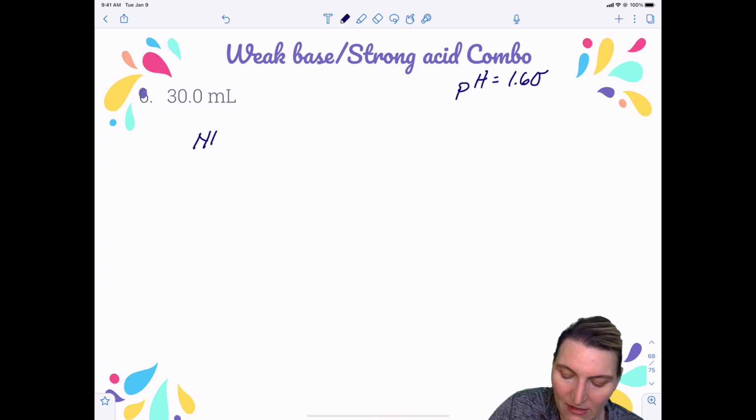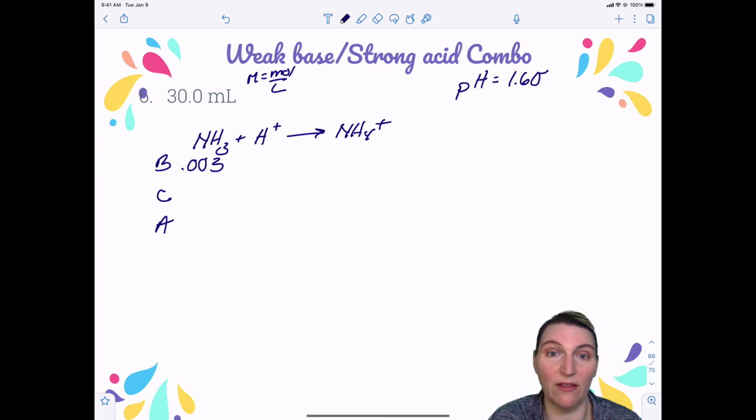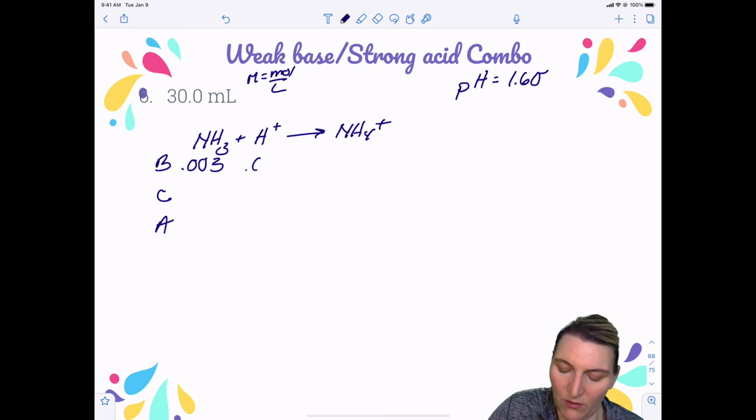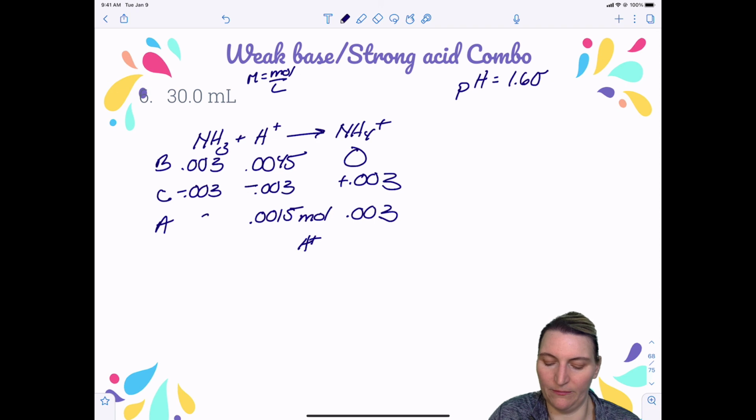So we would again write out the chemical reaction that is taking place in a BCA chart. And this starts out as 0.003, and now I need to do molarity equals moles over liters again to find the moles of the H plus, and that comes out to be 0.0045. And the ammonia gets all used up, leaving 0.0015 moles of H plus left over.